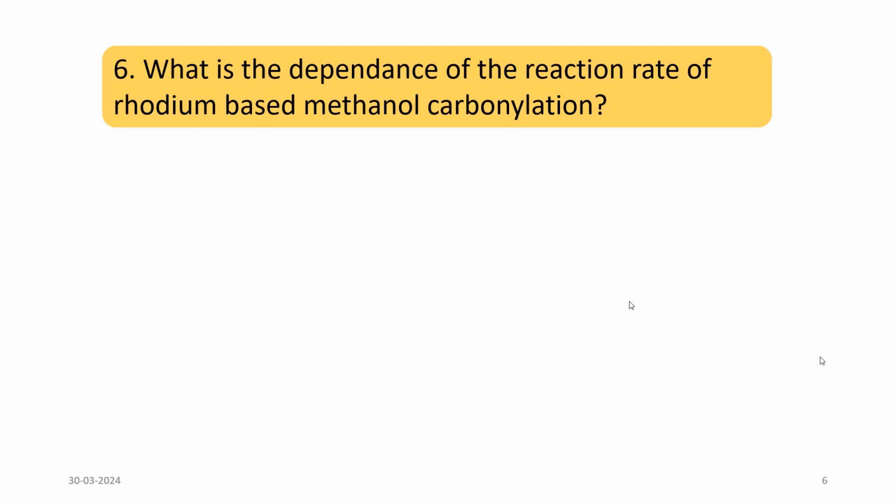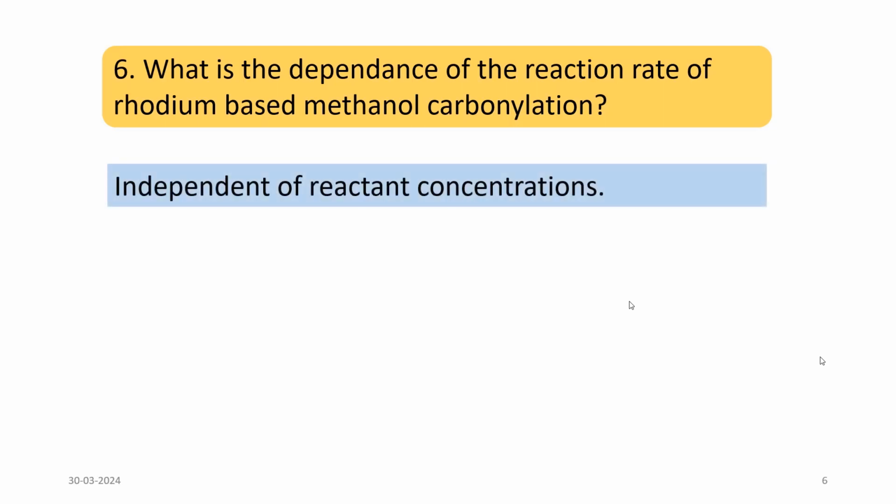So that is why I have called it rhodium-based methanol carbonylation. The answer is it is independent of reactant concentrations. That means the reaction rate is independent of the reactant concentration.